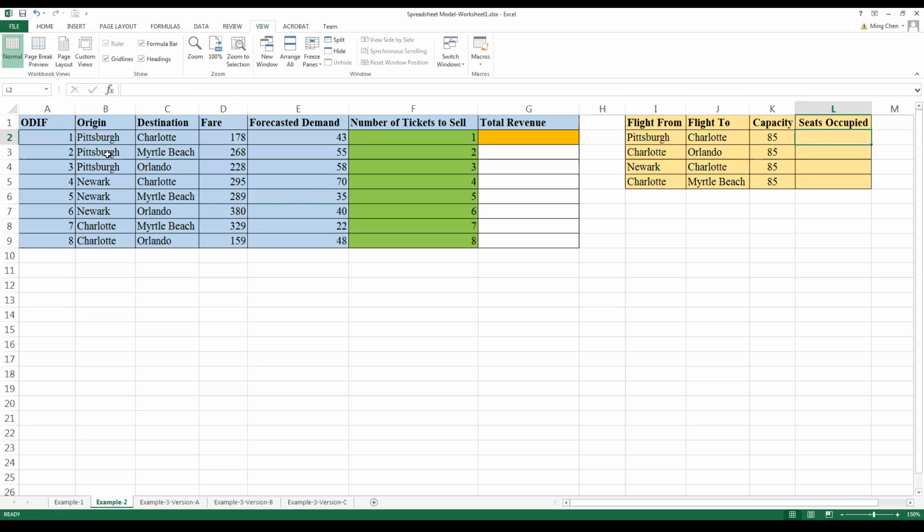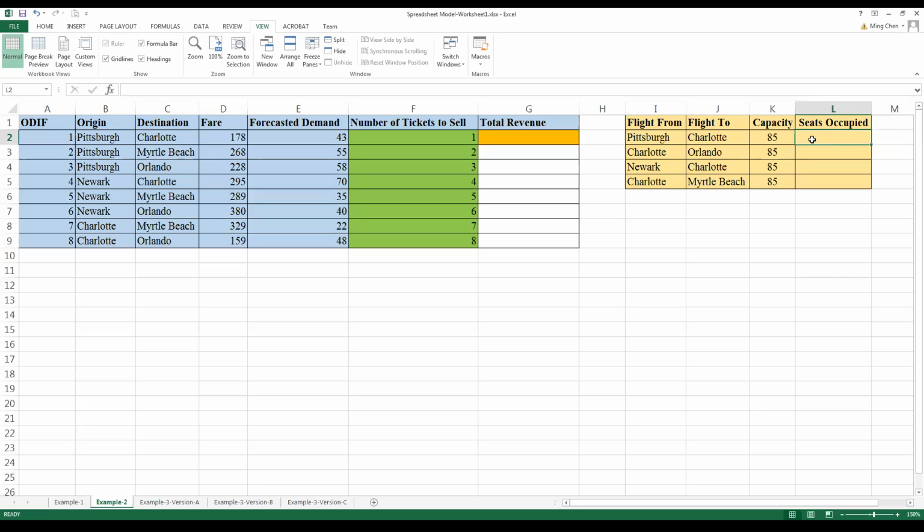For example, the ones who are flying from Pittsburgh to Myrtle Beach. They have to make the connection. The first flight they have to take is from Pittsburgh to Charlotte. So they are going to occupy seats on this particular flight. Same thing. The ones who are going from Pittsburgh to Orlando, they have to make a connection. So they will be sitting on this flight as well.